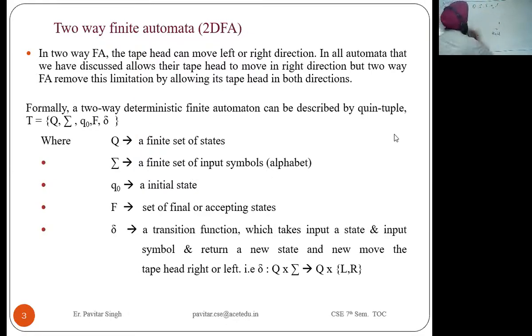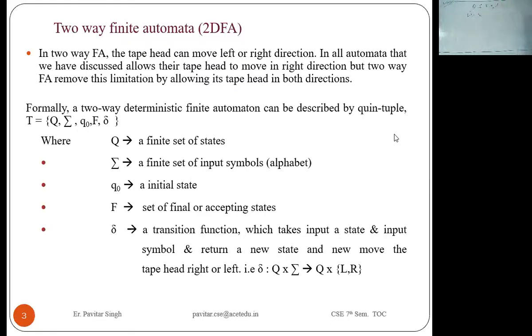So the same tuples will be there, that is Q, sigma, delta, Q naught and F. Here capital Q is a non-empty finite set of states written as Q naught, Q1 and so on up to Qn.